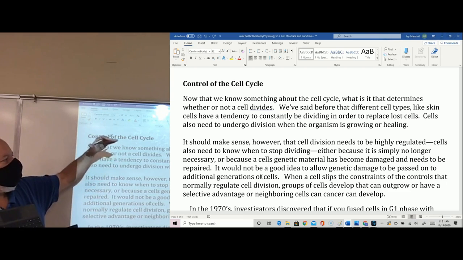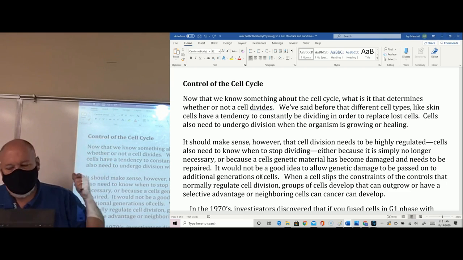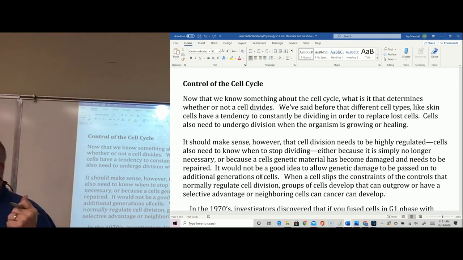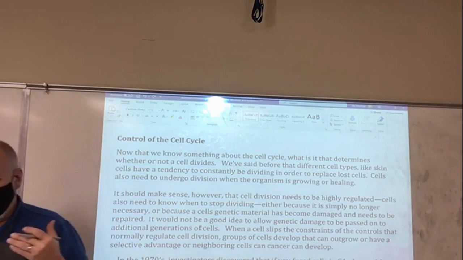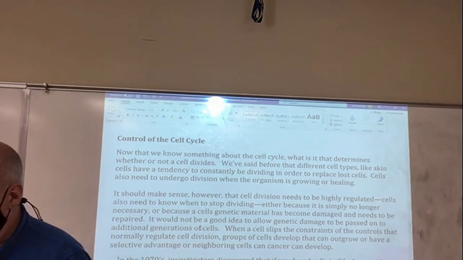And there is an extraordinary amount of cancer biology wrapped up in all of this. So it's important for you to understand some of this because it starts to help you understand the very basic foundation of why people get cancer.